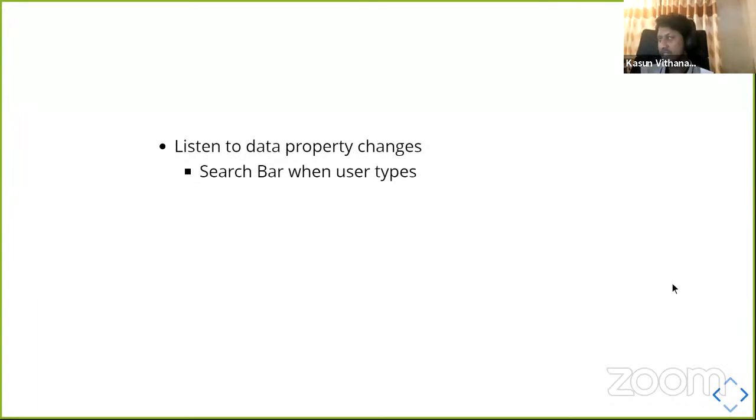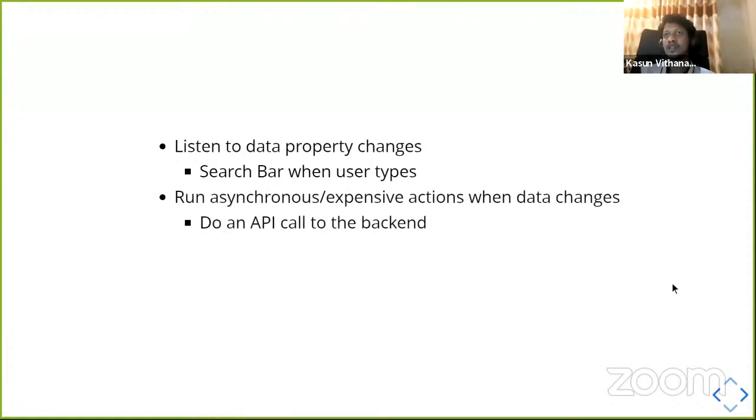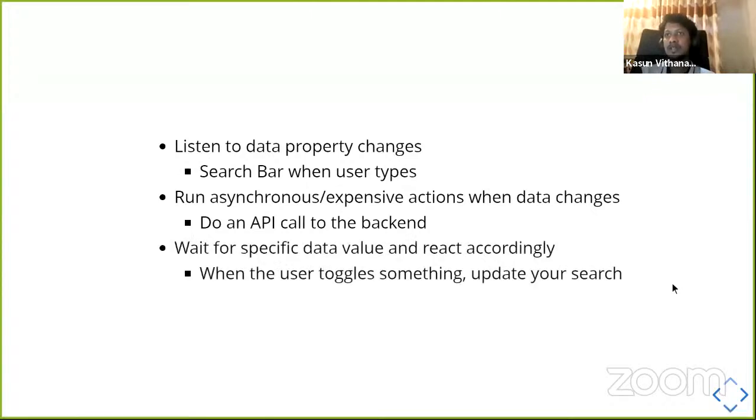This cannot be done using a computed property because it is not designed for that task. If you want to run asynchronous operations like doing an HTTP call, watchers are the way to go. And for example, in your search application there can be filters.